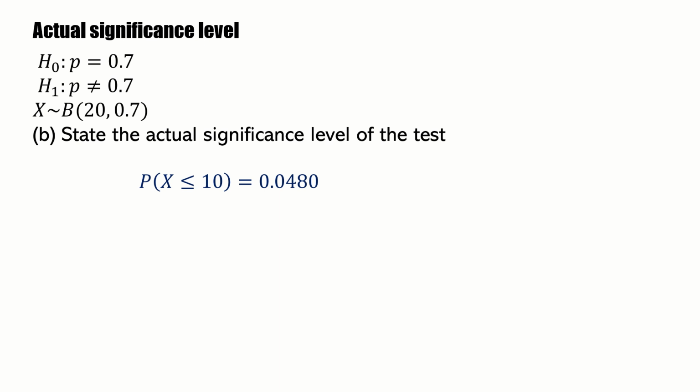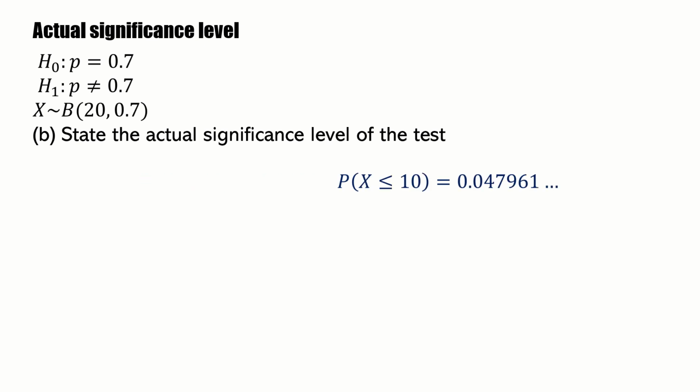However, it's worth pointing out that was a rounded value when I was writing that down to 4 decimal places, and because we're going to be doing further steps with these numbers, it's good to use an unrounded value in your calculation. So that was the value before I had done the rounding. And then for the upper tail, we calculated the probability of x greater or equal to 18. That's the one that decided the upper tail. And again, that was rounded, so before it was rounded, that is what the probability looked like.